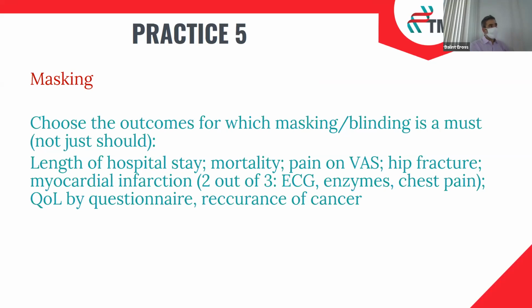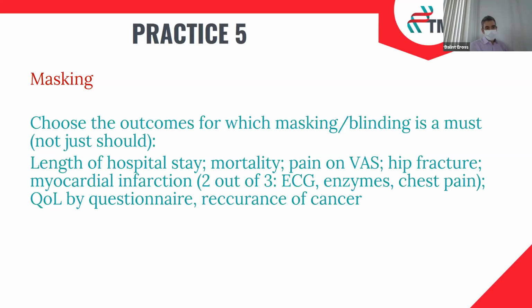So we have come to a conclusion in our little group that basically, apart from mortality, they are all so-called soft outcomes, not hard outcomes, and mortality cannot be influenced by the study being an open label study, that is, the lack of blinding.